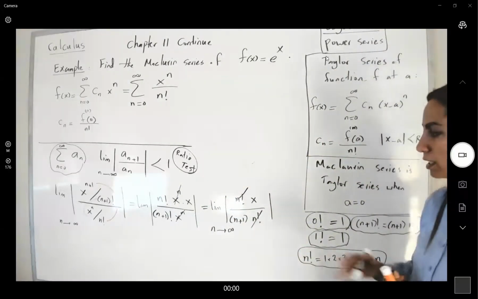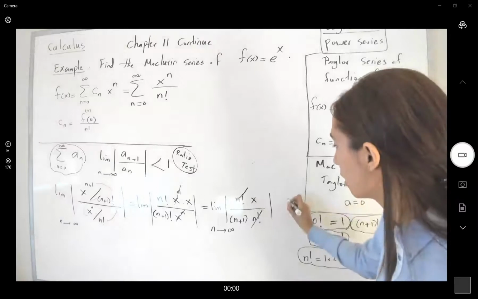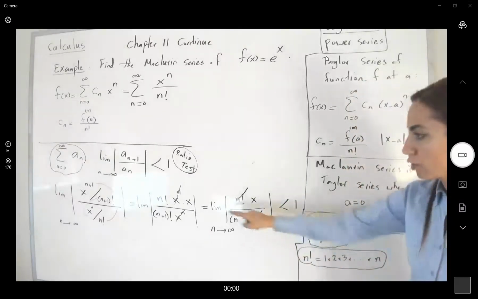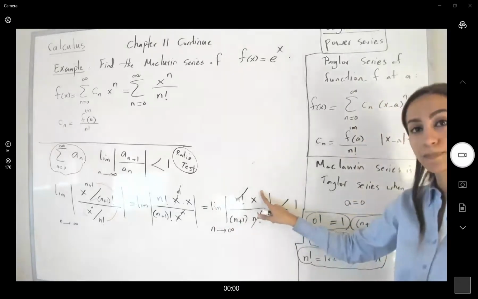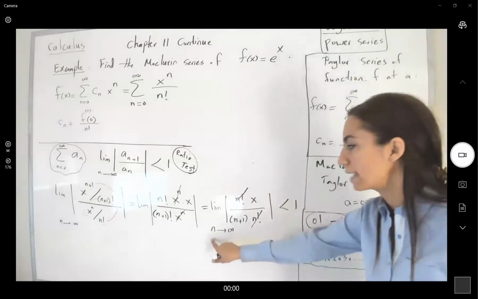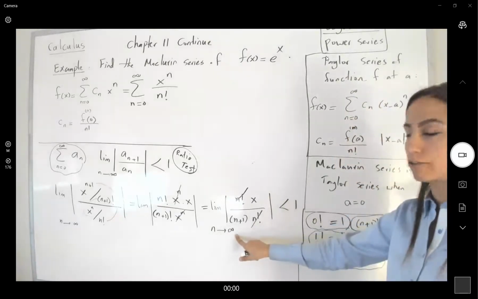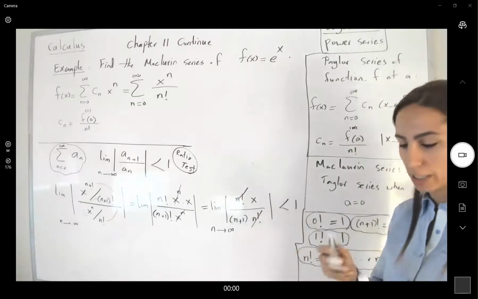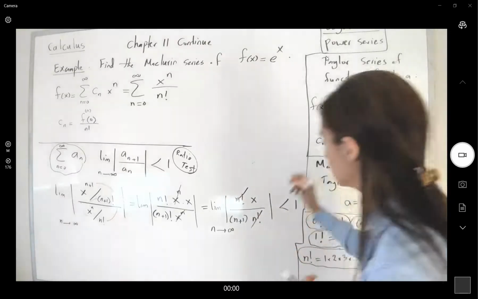What's left? And this must be less than 1. You have the limit of x divided by n plus 1. As n approaches infinity, you have x over infinity, which is 0.